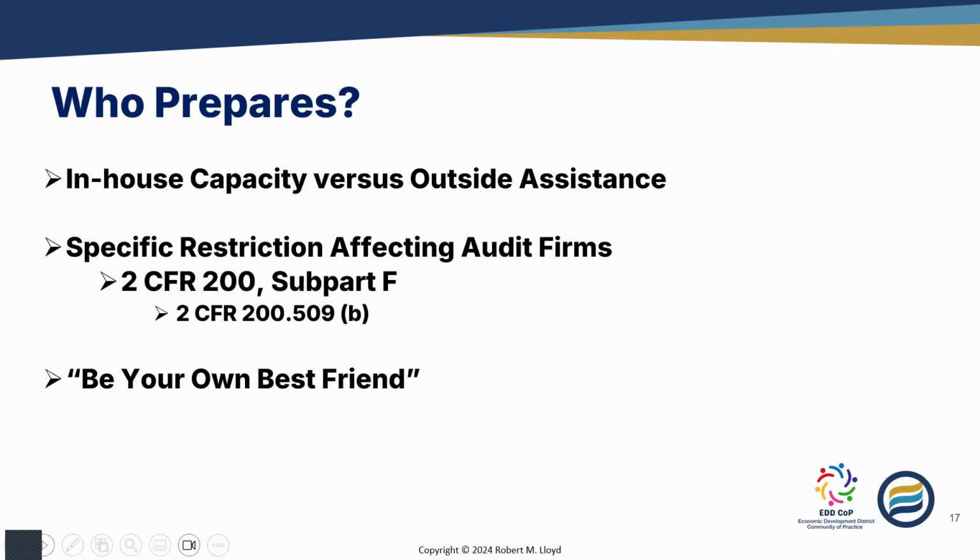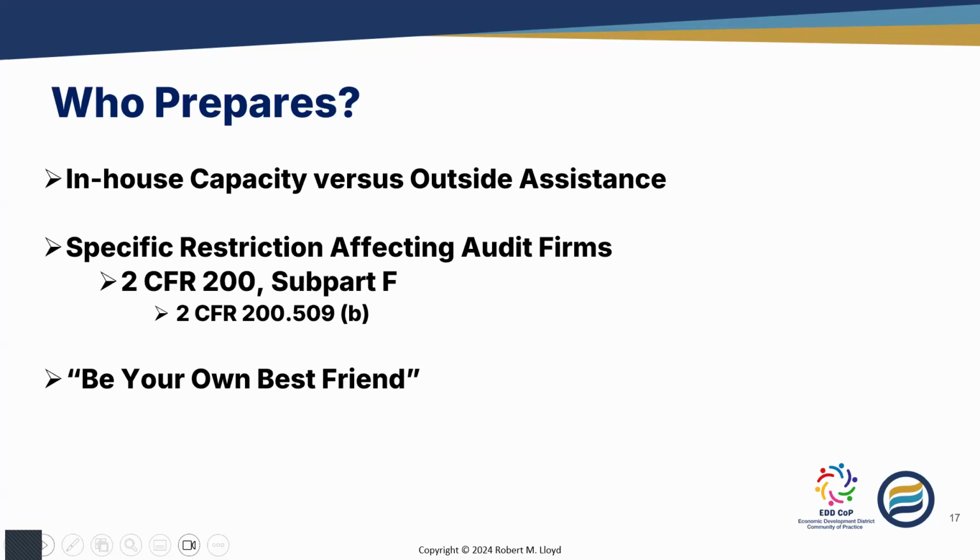But that's my rationale for taking that approach. There is, however, something else to be considered, and that is there's a specific restriction related to auditing firms contained in 2 CFR 200 subpart F. Explicitly 200.509(b) is the section involved.